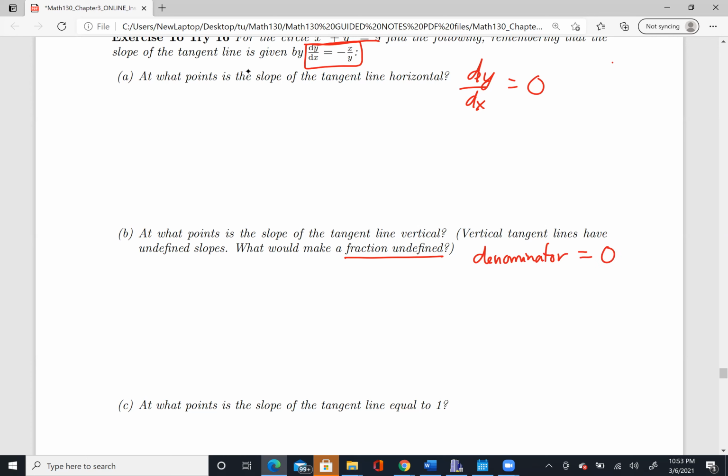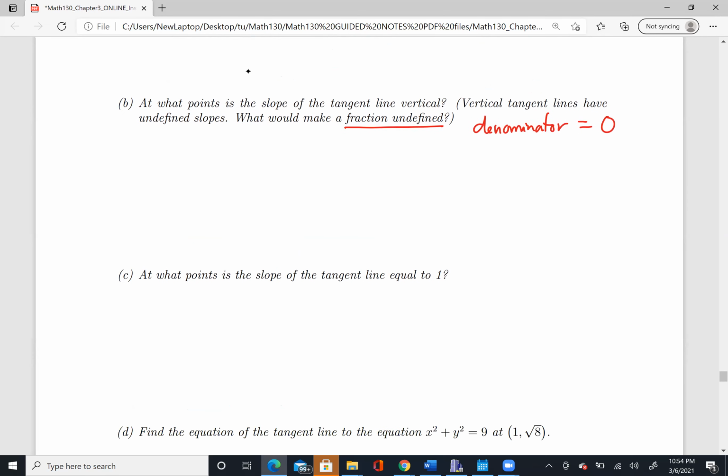That will make dy/dx undefined. That is the hint I give you for this problem. But if you still cannot handle that, we're going to talk about that in class.